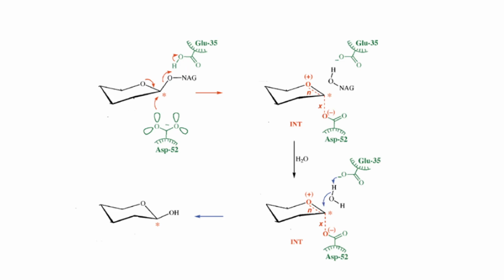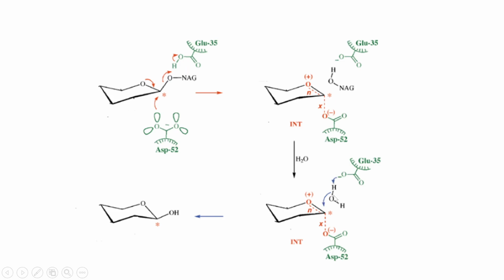The distances are not close enough for bond formation, but it can stabilize the charge. Once the aspartic acid is stabilizing the charge, the glutamate 35 residue, which has donated its proton to the cleaved unit, now has the O negative.